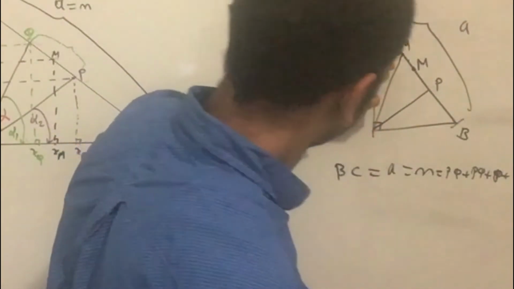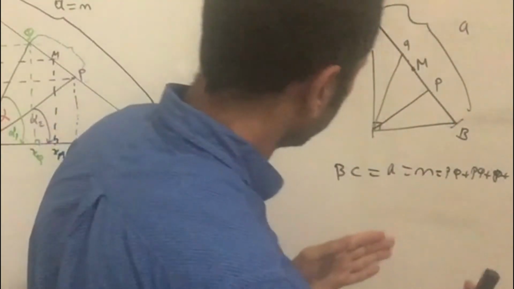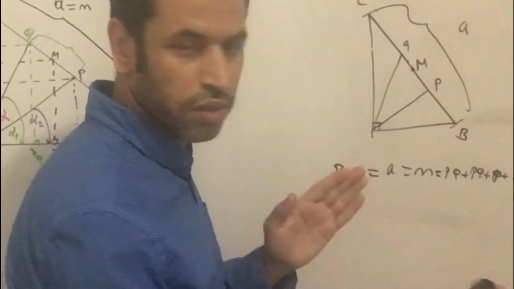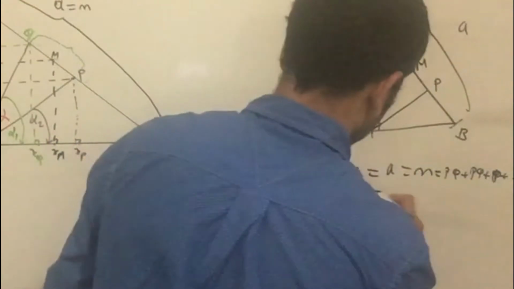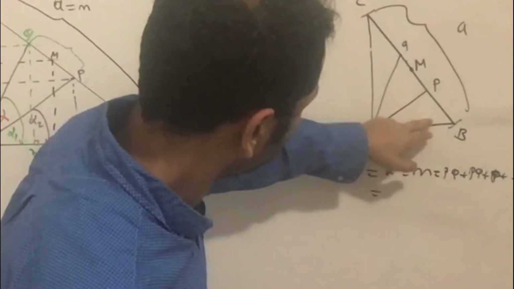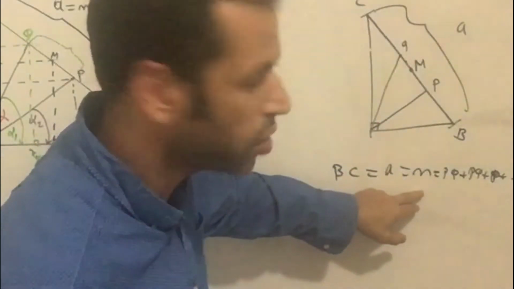This small distance represents PQ as a segment. So BC, the distance a, equals n, where n is an odd integer.